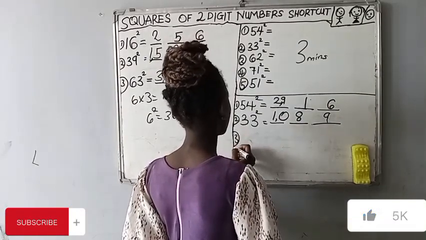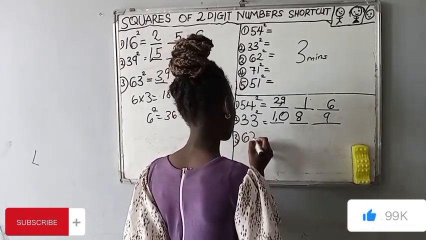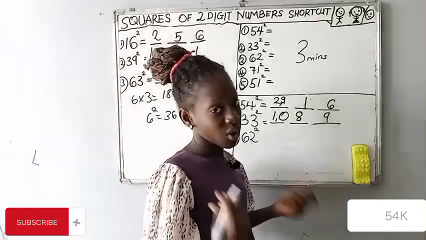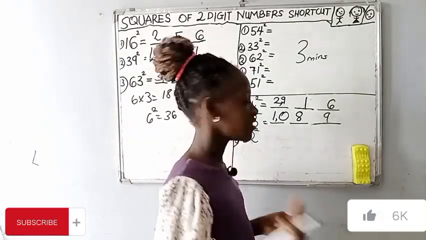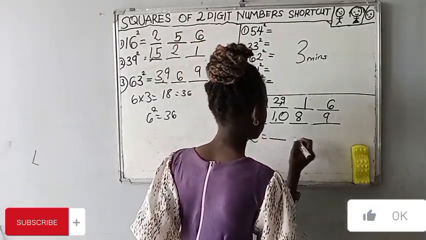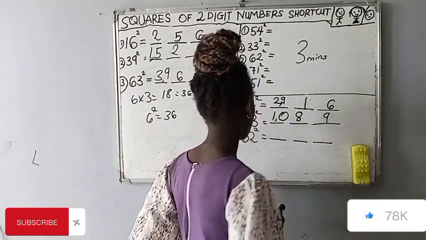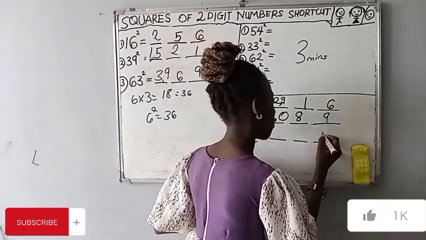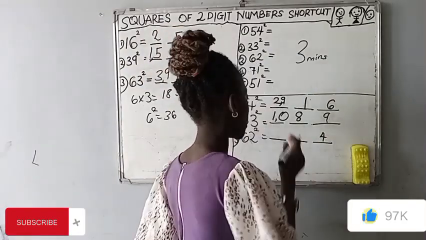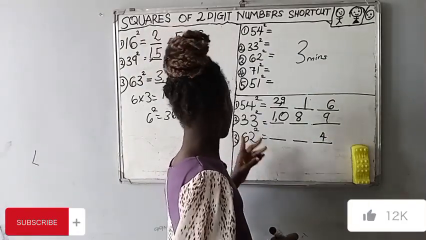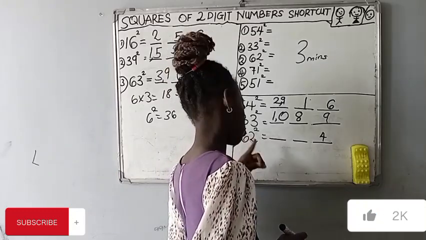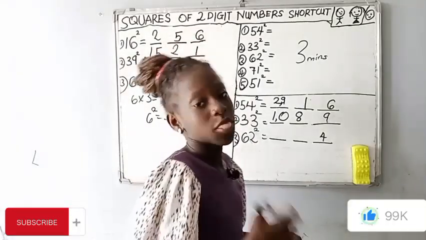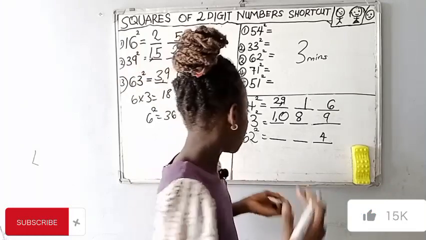Number 3. Write 62 squared. As I always say, put your 3 dashes at the first step. 1, 2, 3. 2 squared is what? 4. Write 4. There's no need for carry over here. The second step, 6 times 2 is 12. The double of 12 is what? 24.